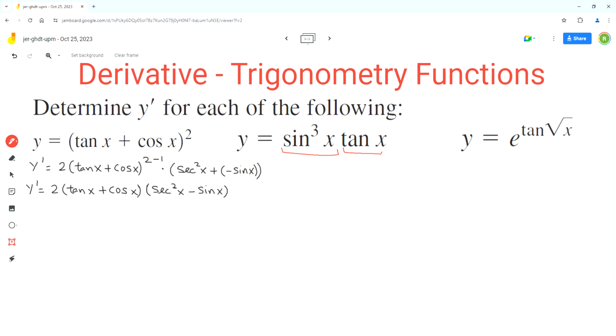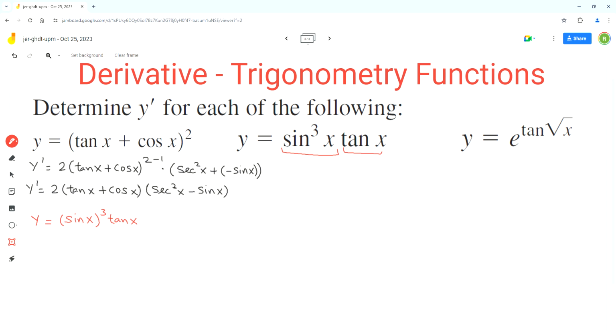Sine cube x can also be written as sine x cubed, so we put the cube on the sine x, and we'll have to use the chain rule to find the derivative of sine x cubed. So we'll use the product rule and the chain rule.